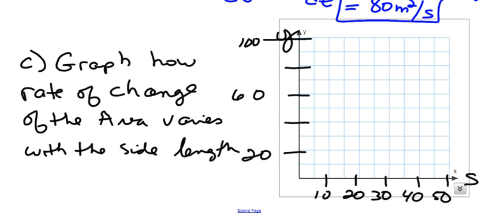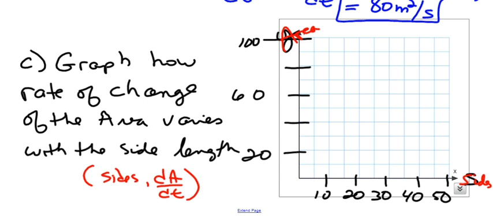In our case, instead of saying y, I'm really going to say area, and instead of x, sides. All right, so from here, what I really want to have is ordered pairs of what was the side and what was the rate of change of the area.